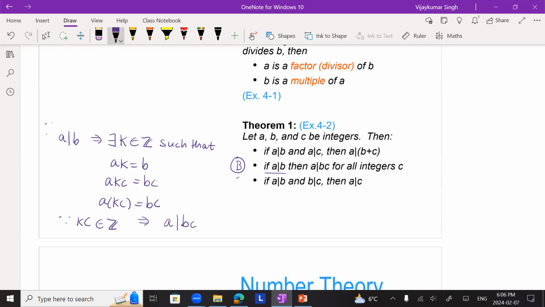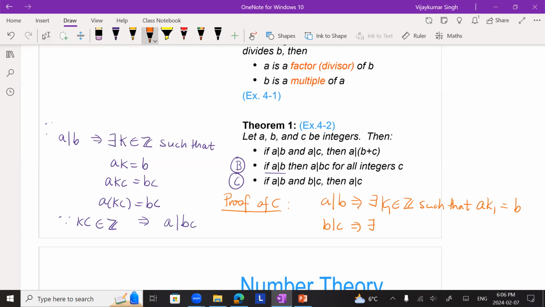Now let's look at problem C, proof of C. Now A divides B. This implies there exists K1 belonging to Z such that AK1 equals B. Similarly, for the second one, B divides C. This means there exists K2 belonging to Z such that BK2 equals C. Do you agree with that?